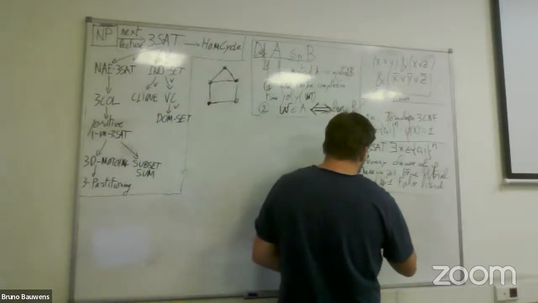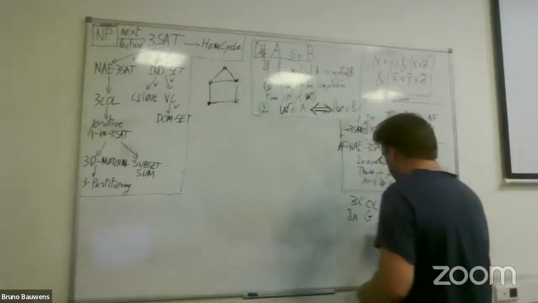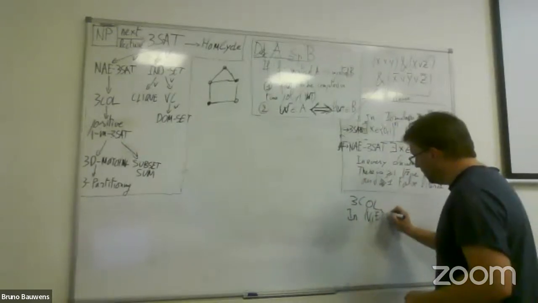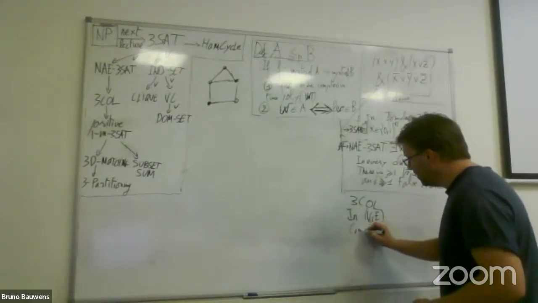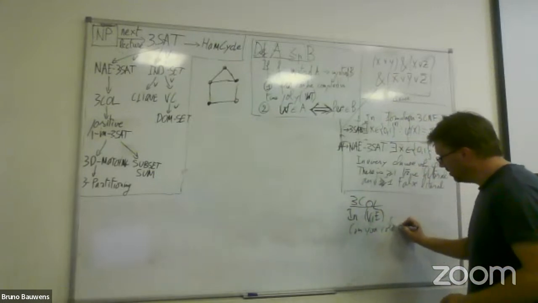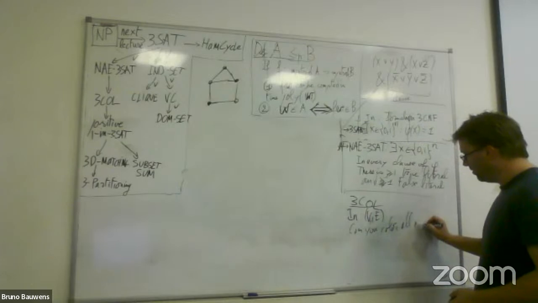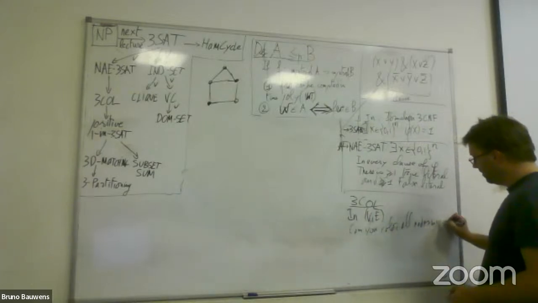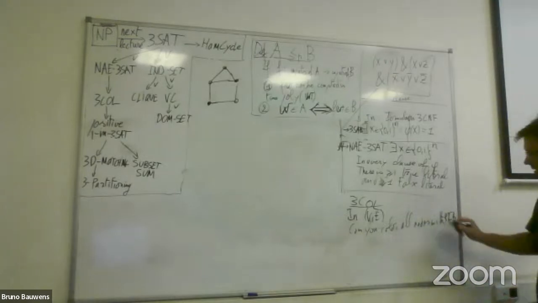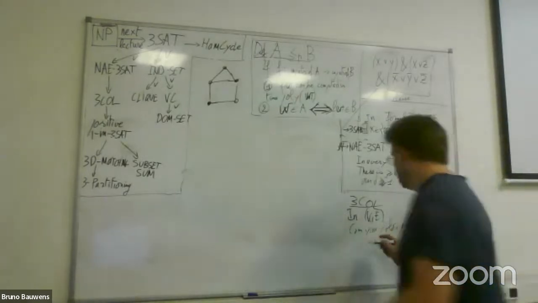So the input is a graph. Then can you color all nodes with RGB? That's just the color of my markers.